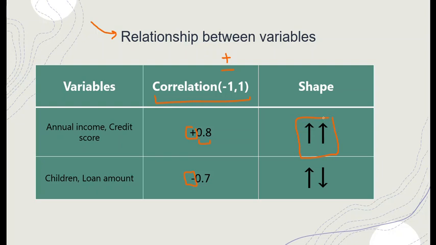Between children and loan amount, as we can see, we have negative 0.7, meaning as the number of children the applicant has increases, the loan amount requested by the applicant tends to decrease, right? The value here is 0.7, which also is relatively high, right? So that suggests that there is a strong relationship between the number of children and the loan amount. And here again, we have a visualization of the relationship. As one increases, the other decreases, all right?